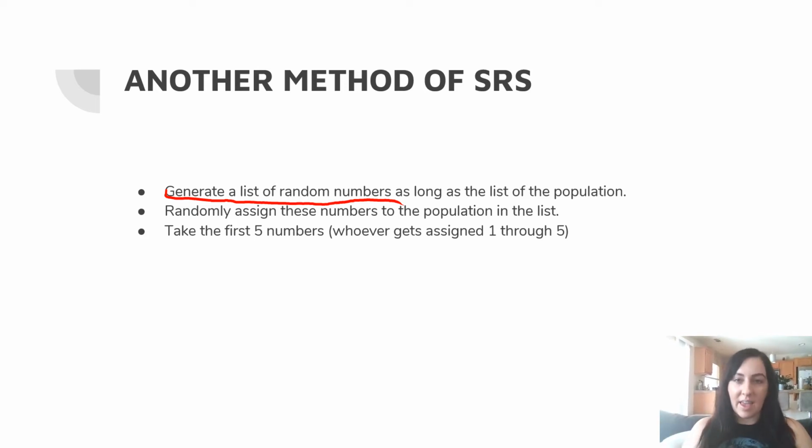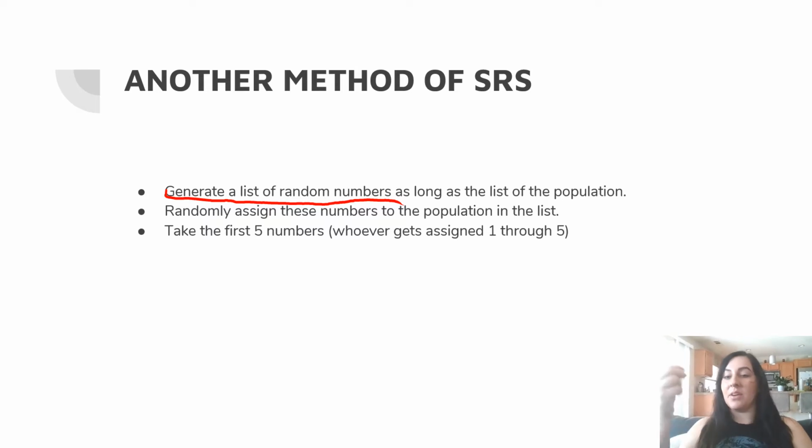Okay, and this is where you can also use a hat or something like that. So then what you're going to do is pull numbers from a hat, and you can just say the first 1 through 5 or first 1 through 10, whatever sample size you're going for. Then you'll say, okay, whichever one of you random people has number 1 gets to participate in the study.